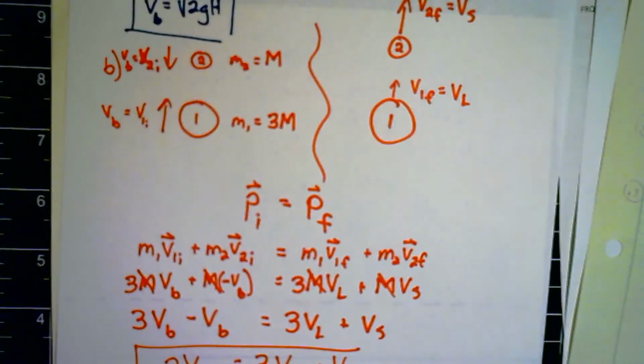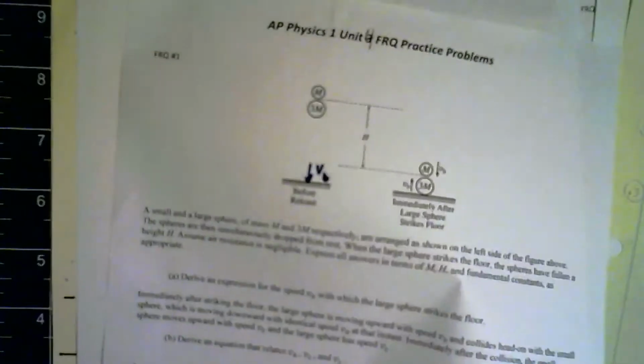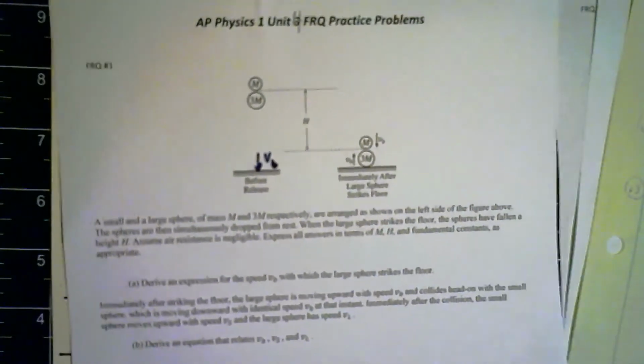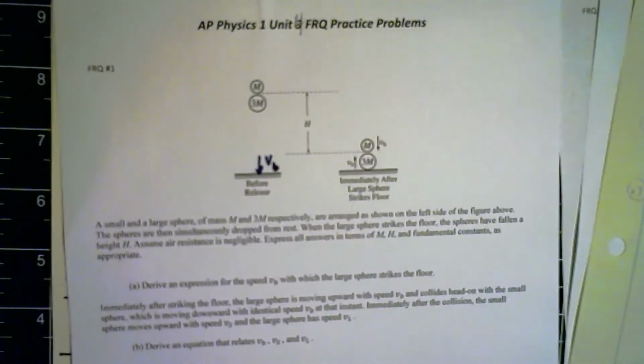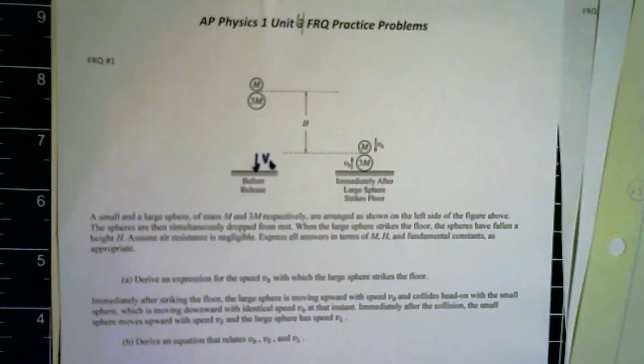Okay. Our next question says, in this particular situation, VL is equal to 0. So what I can do is take my previous equation and set VL equal to 0. This is for part C. On the left-hand side, I had a 2 VB.